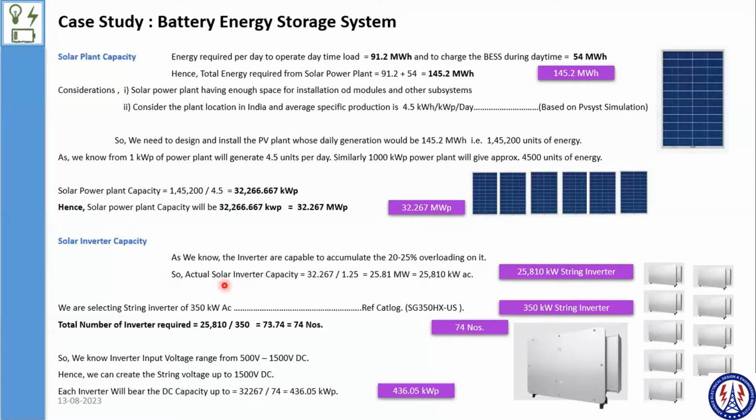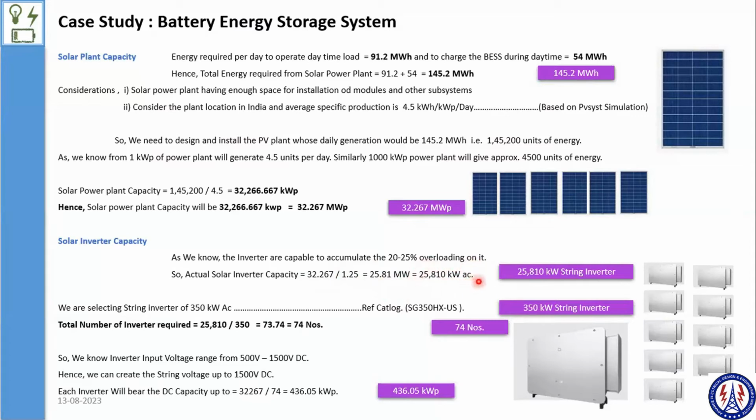Here we are doing 25% overloading on each inverter, because we calculated the DC side first. So the actual solar inverter capacity is 32.267 divided by 1.25, because I'm overloading 25% on each inverter. This comes to 25.81 megawatt, so 25,810 kilowatt AC. This is the inverter size I'm planning for.